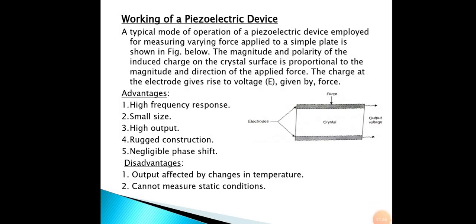Depending upon the force applied across the electrodes, there will be charge at the electrodes. That charge will give the voltage. So how much you apply the force, that much charge will be there at the electrodes, and that much amount of voltage will be generated. Here the advantages are high frequency response, small size, high output. Then disadvantages are output affected by changes in the temperature and cannot measure static condition.